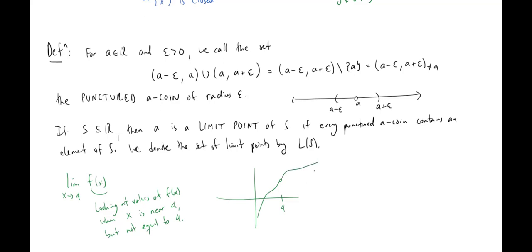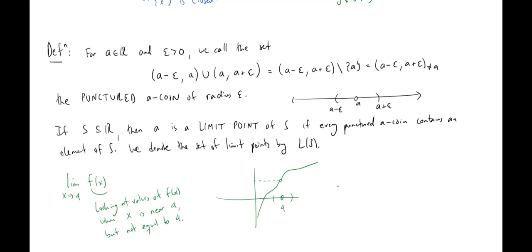I want to be able to talk about what the function should have been at this point, even if the function isn't defined at that point. So what are we doing here? When we say near 4, we're saying look at a 4 coin, but not equal to 4, we're saying look at a punctured 4 coin. So that's the first reason why it might be okay to call this a limit.